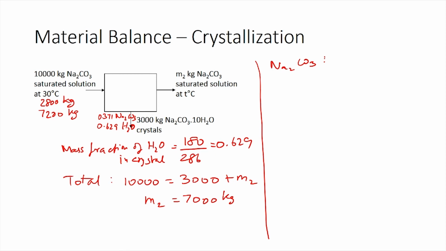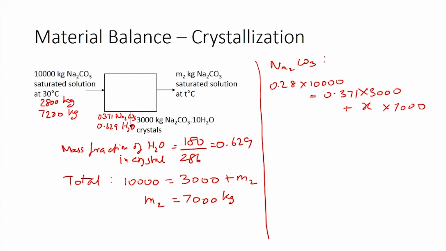Na2CO3 balance can be written as follows. You have 0.28 times 10,000 entering, which is 2800, and you have 0.371 times 3000 as the mass of Na2CO3 leaving through the crystals, plus an unknown concentration of Na2CO3 in the saturated solution leaving, which will be called X, times 7000, which is the mass of the saturated solution.